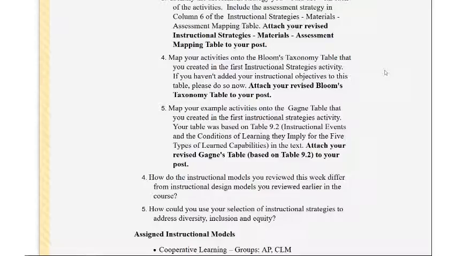So you should have a Bloom's taxonomy table that has your Bonk activities and the activities that you created this week based on the instructional model you were assigned. And then you're going to do the same thing for the Gagne table, the one that was based on table 9.2 in the text. You already have that table. It already exists with your Bonk activities, and to those you're going to add the activities from the instructional model that you've been assigned.